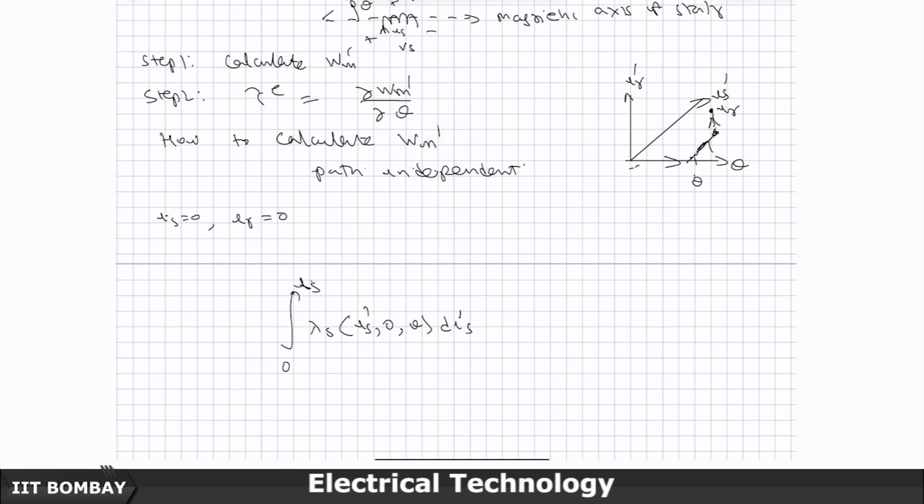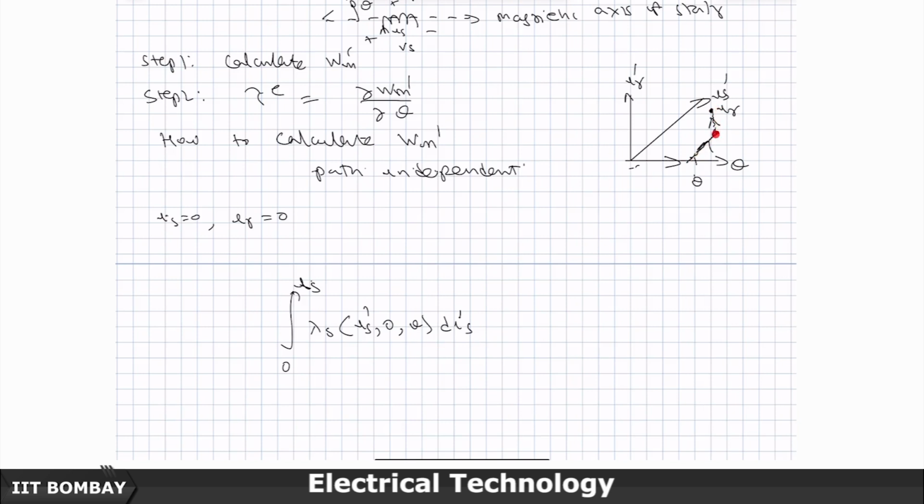So, this is the first term, which is the co-energy which is accumulated when I go from here to here, and then after that the is is not changing. So, this term will not come into play, theta is also not changing, only thing that will change now is IR.